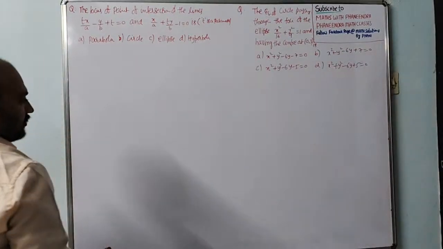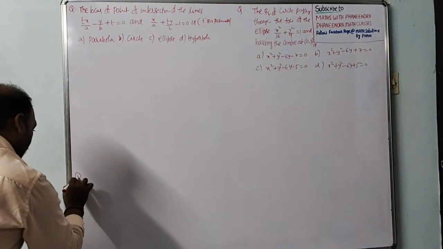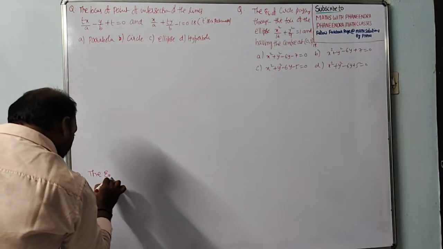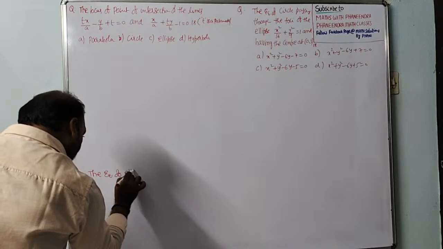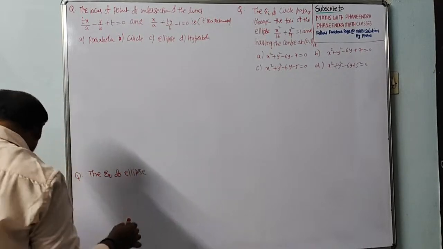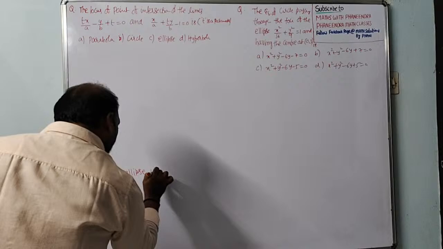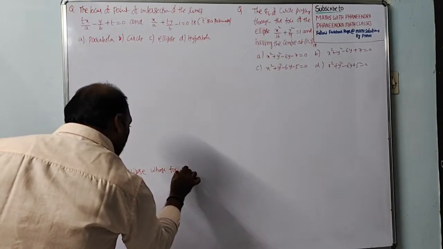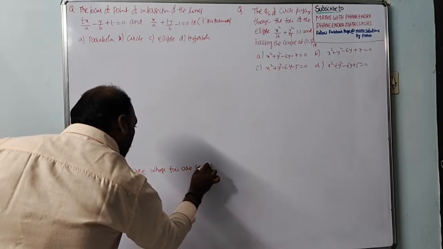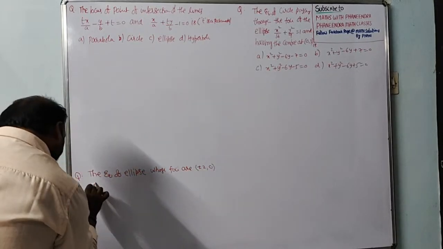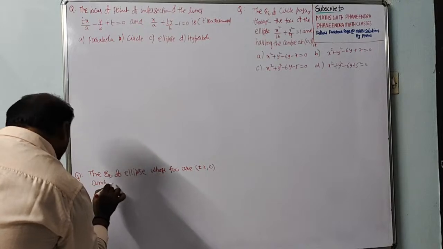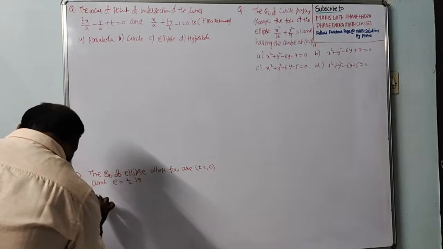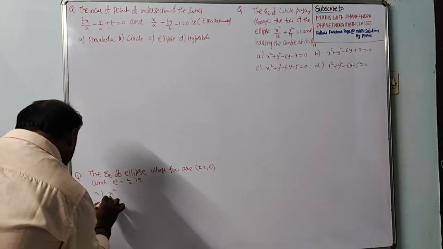One of the questions, we will do it here, dear students. The equation of the ellipse whose foci are plus or minus 2 comma 0 and eccentricity e equal to 1 by 2 is, we need to check the options, dear students.